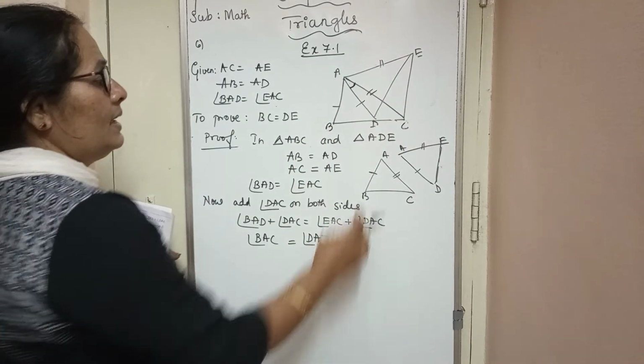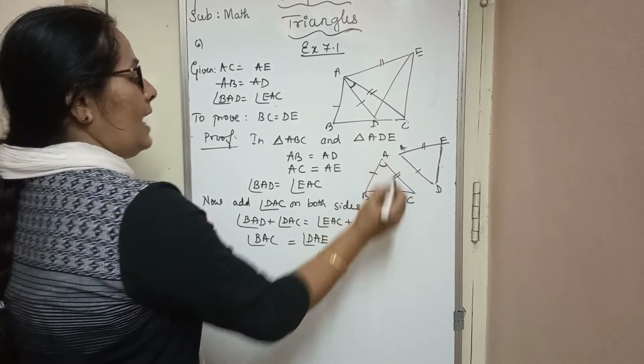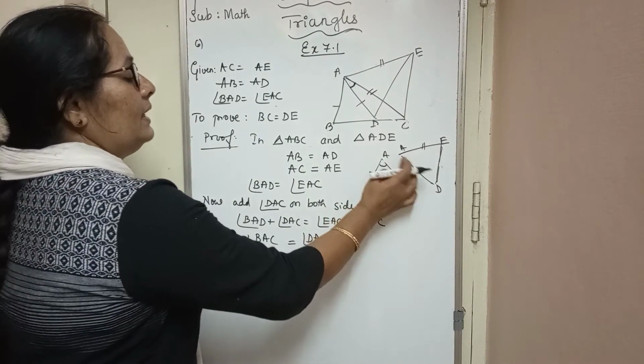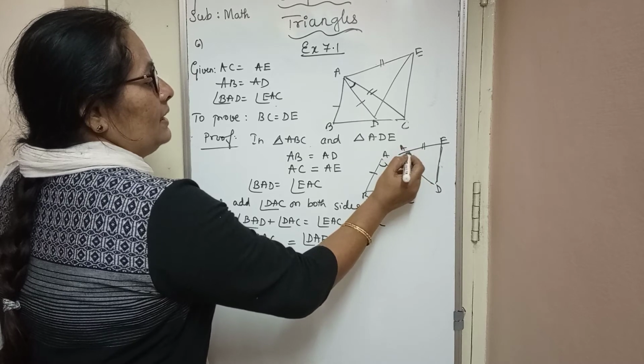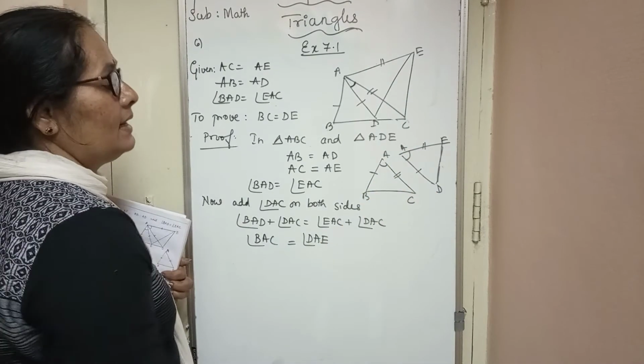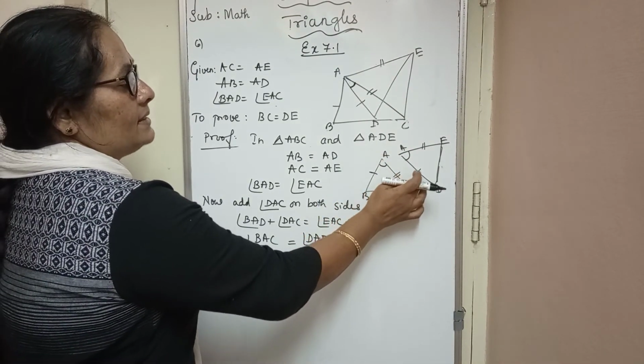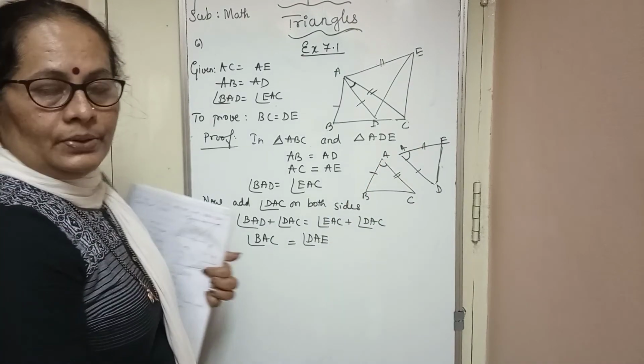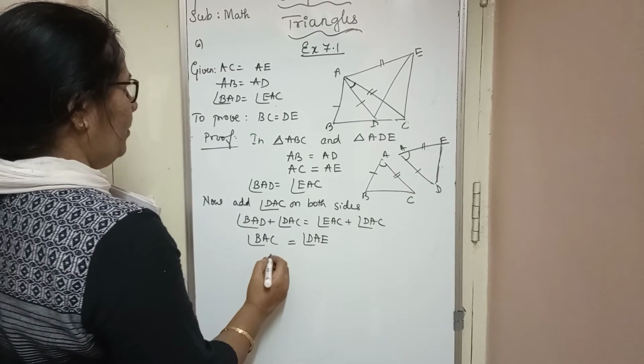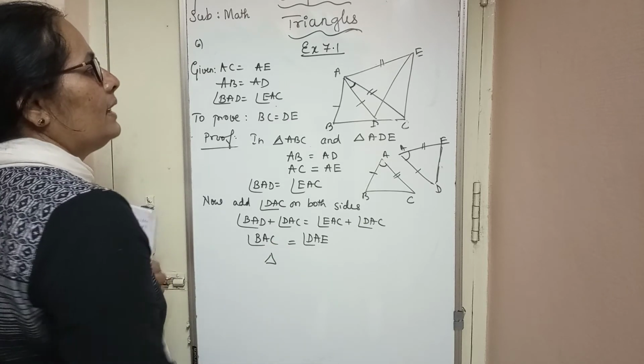It means that this angle BAC is equal to this angle DAE. It means side angle side. So by the SAS rule, both the triangles are congruent.